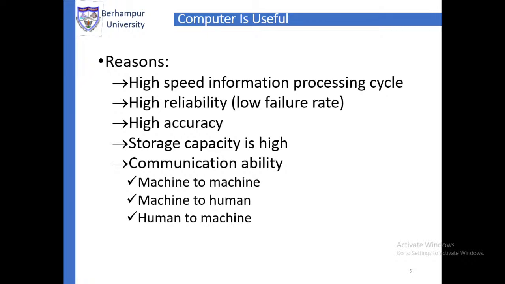Right now, what I am doing is I am speaking into the microphone, and the microphone is connected to the computer, and this computer is talking to you. You are listening to the computer, right? So I am speaking to the microphone and you are listening through the speaker. So the computer is communicating to the human through the speaker. So that is machine-to-human communication.